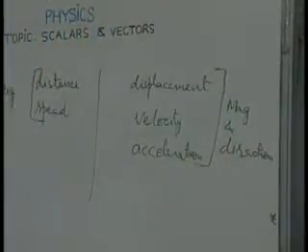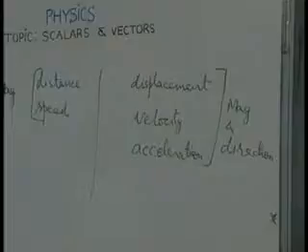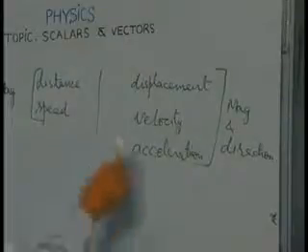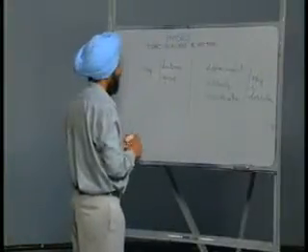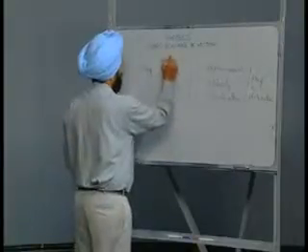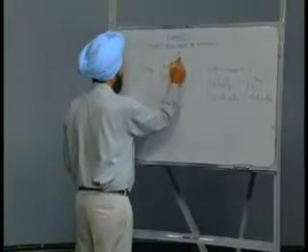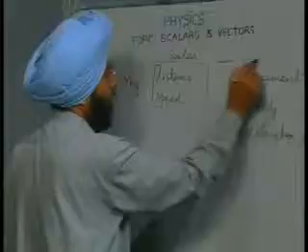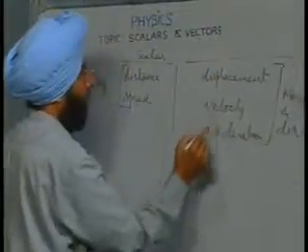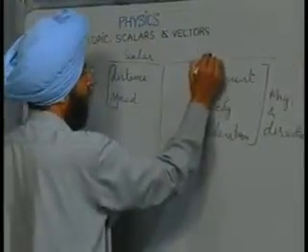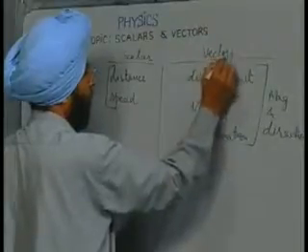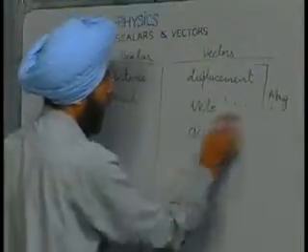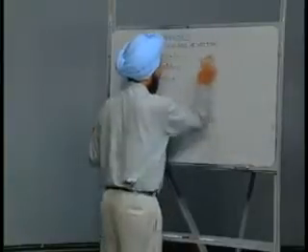So, there are two classes of physical quantities that we have, and the first class is scalars. Distance and speed are scalars. Displacement, velocity, acceleration are vectors. So, now we start with the definition of scalars.